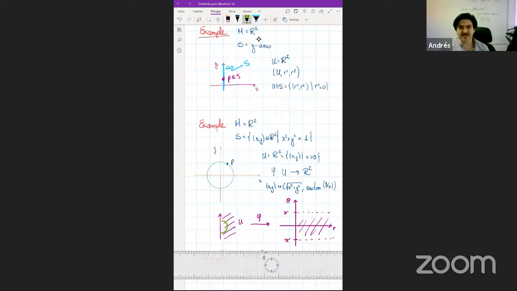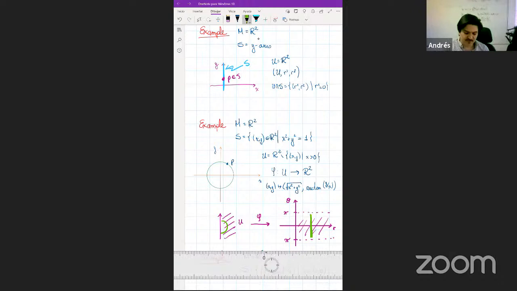This is S, and on U, I will be at R equals 1. Right? So here, this is an adapted chart.